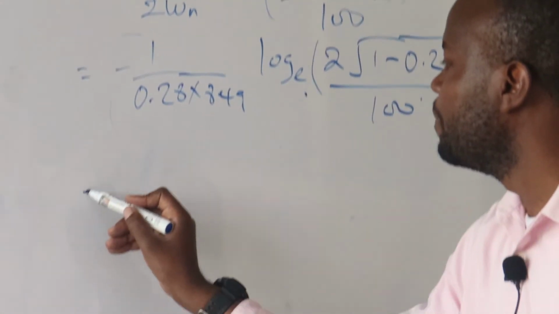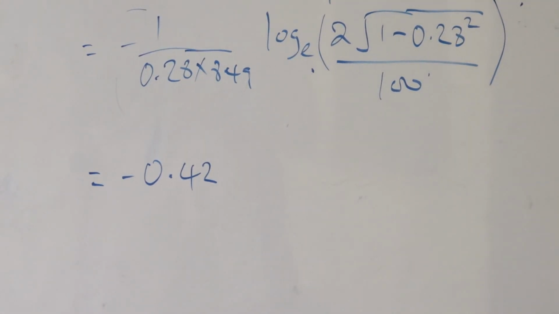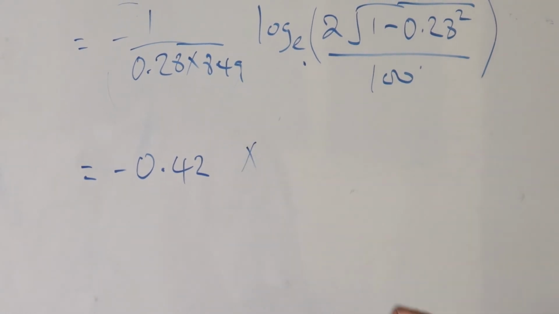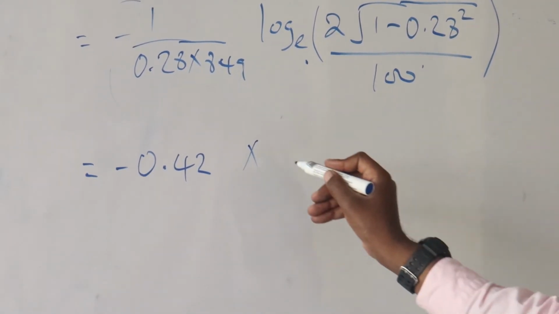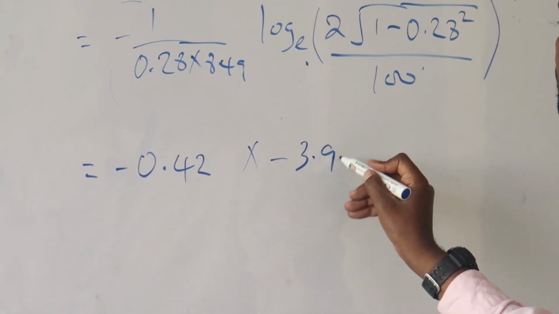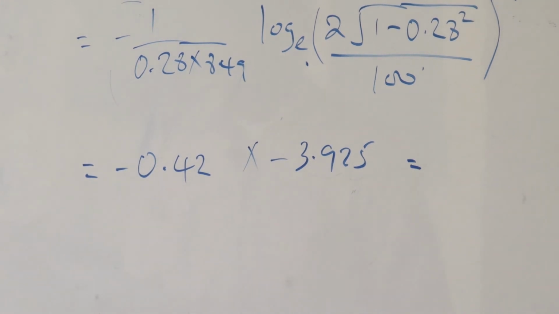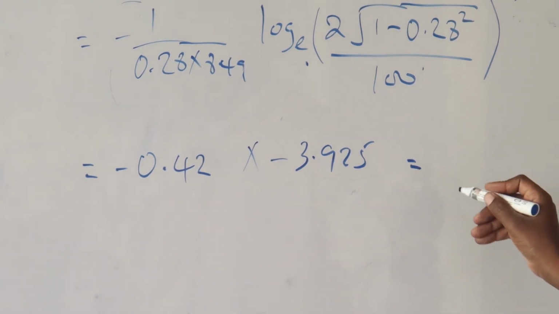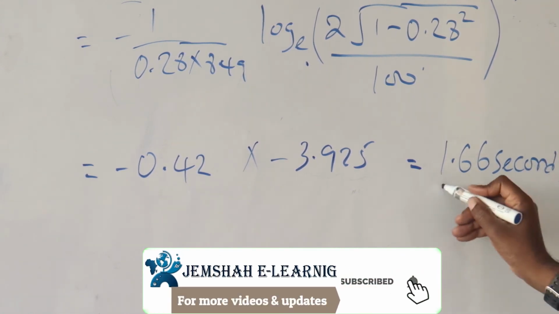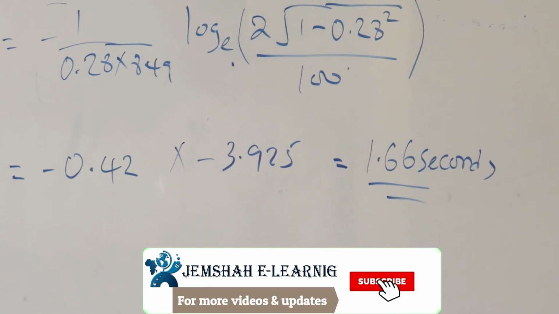This one is going to be minus 0.42, and this one is actually the time constant. Then you multiply that one by the natural log, which is minus 3.925. If we evaluate that, we find the value to be 1.66 seconds. And that is now what we refer to as the settling time, Ts.